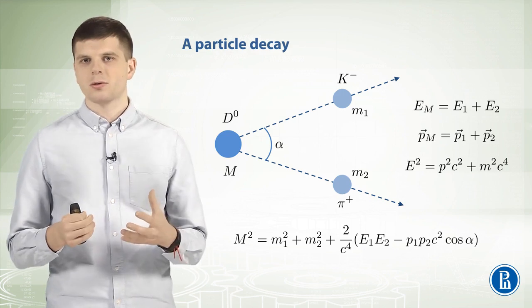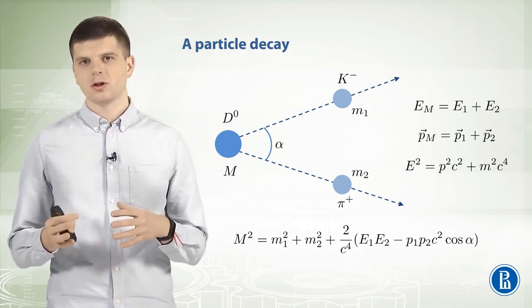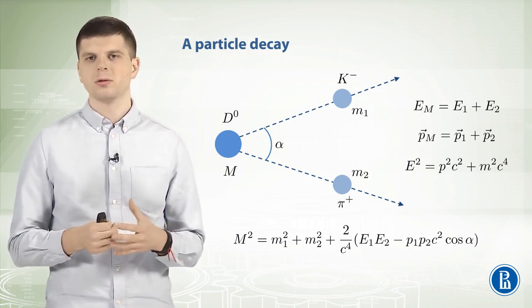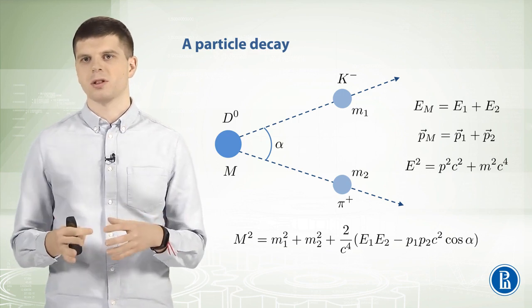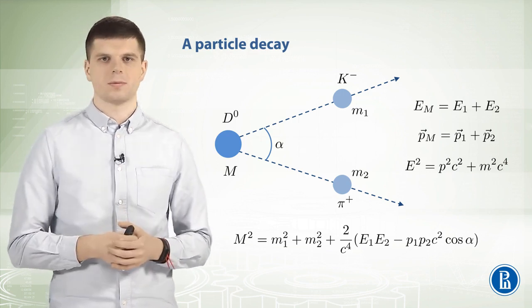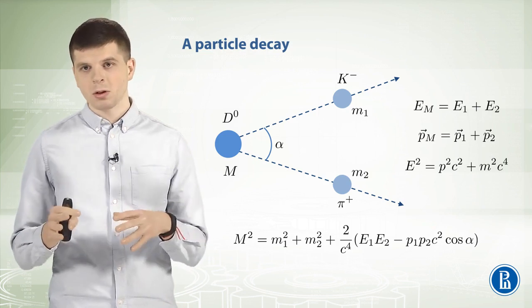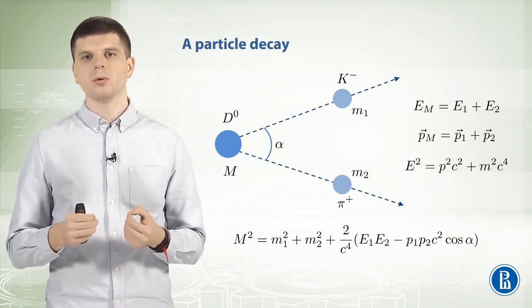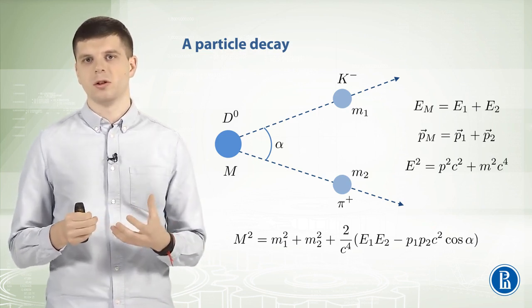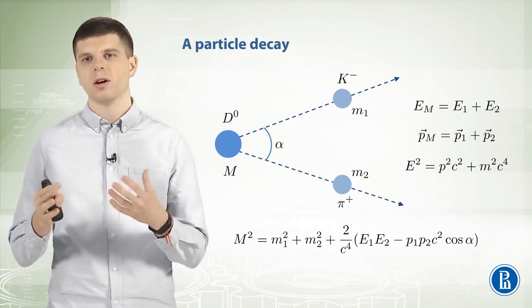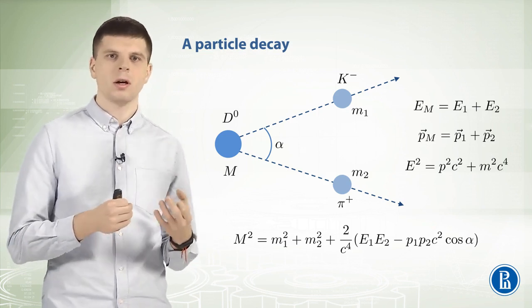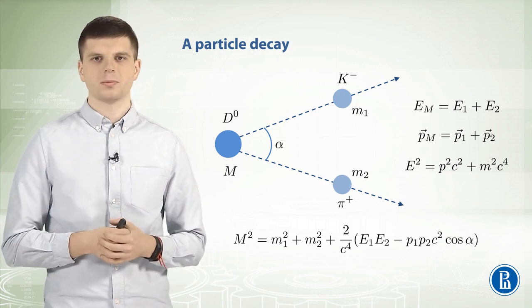From the energy conservation law, we know that the energy of the mother particle D0 is equal to the sum of the kaon and the pion energies. And from the momentum conservation law, we know that the momentum of the D0 particle is equal to the vector sum of the kaon and the pion momenta.